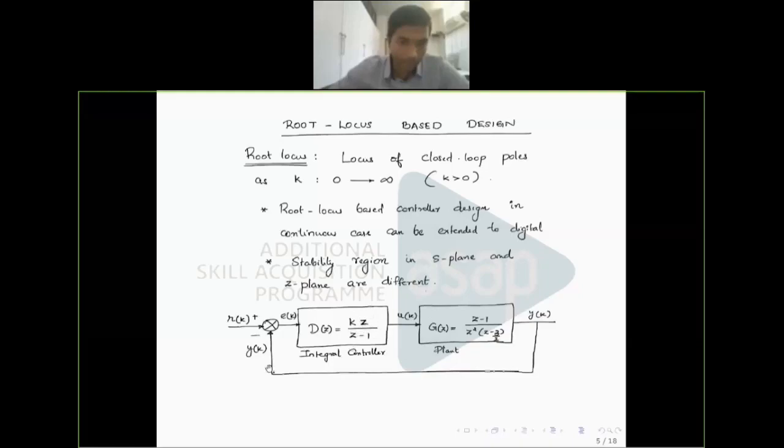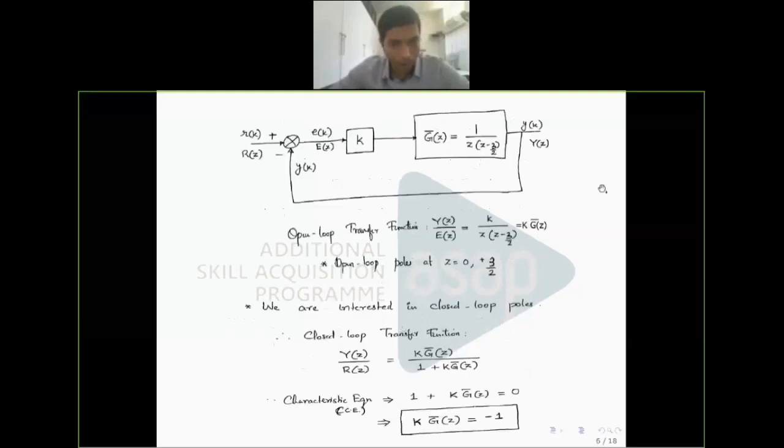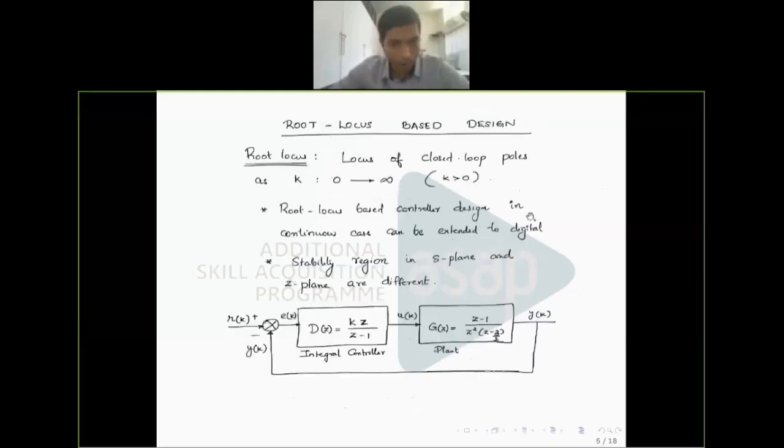Y of k is the output, and you compare it with the reference R of k and obtain the error E of k, which is given to the controller, and the controller outputs the control signal to the plant. Okay. So let's move ahead. As I said, in root locus, you are only allowed to vary the gain capital K. You must be able to fix the structure of the controller.